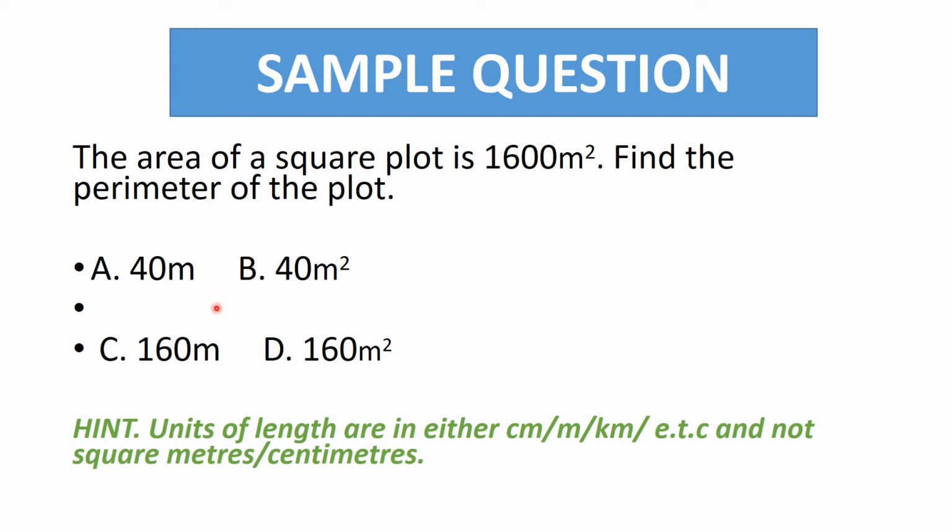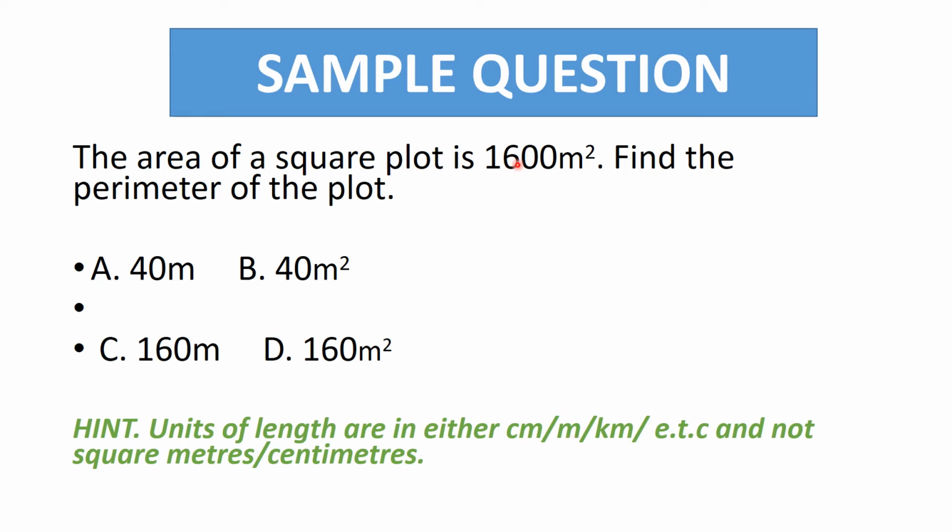When you get your perimeter, you need to know that the units are either going to be in centimeters, meters, or kilometers, and not in square meters or square centimeters. So just take note of that. If the area was in meters squared, your perimeter should be in meters.